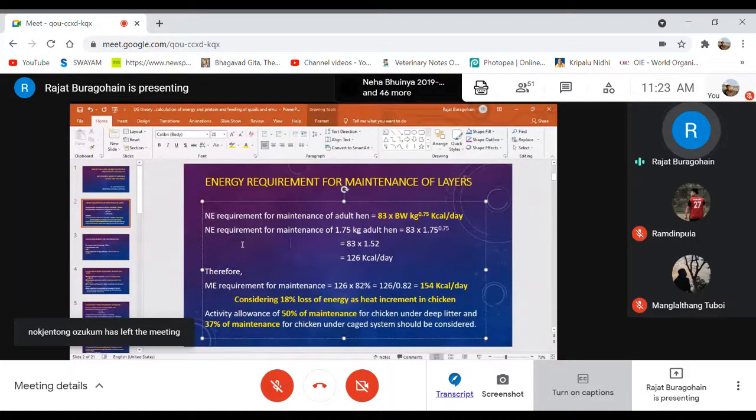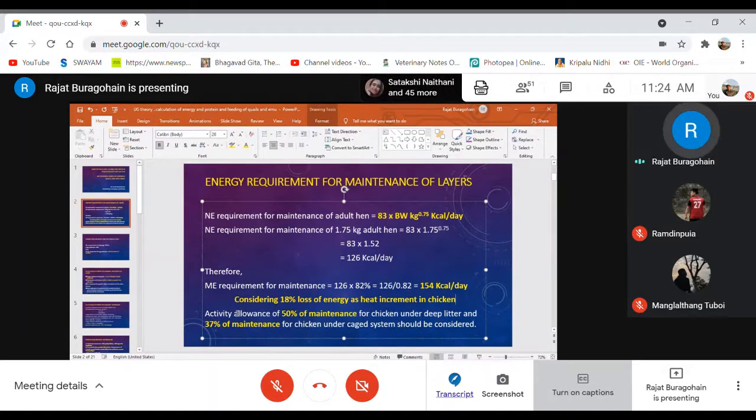So when net energy is 82, metabolizable energy will be 100. Therefore, when net energy is 126, metabolizable energy will be 100 divided by 82 into 126. That will be your metabolizable energy, which is higher than the net energy. This way we can calculate the maintenance metabolizable energy requirement of laying birds.